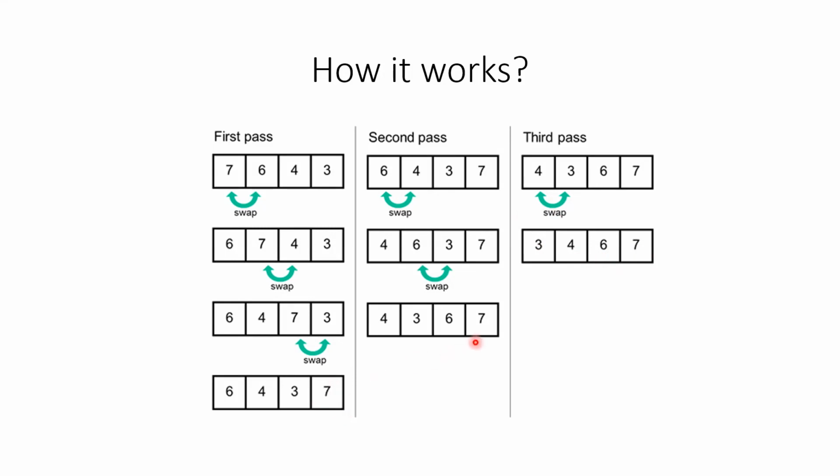Here we got the 6 placed correctly, and in the second pass we did not compare 6 and 7, and in the third pass we did not compare 4, 6, 7 because they are automatically placed at the correct position. So this point should be kept in mind: there is nothing wrong if you compare whether 6 is greater than 7, but it is just a waste of time and computer resources.